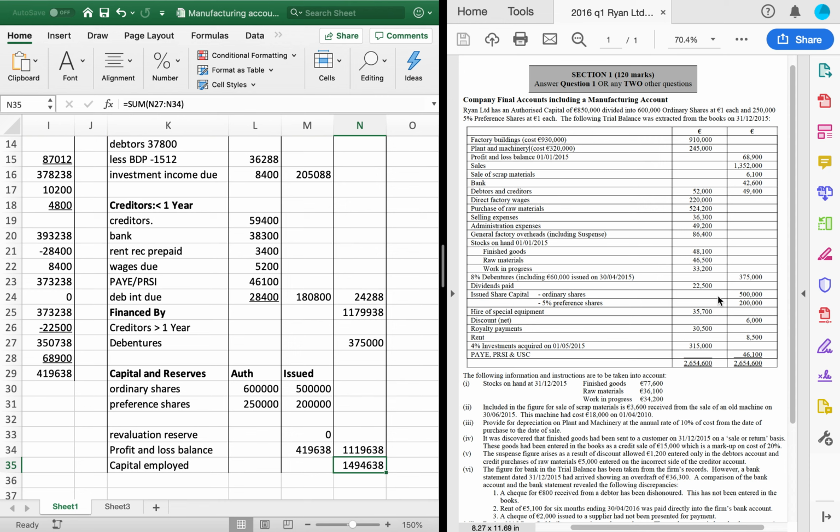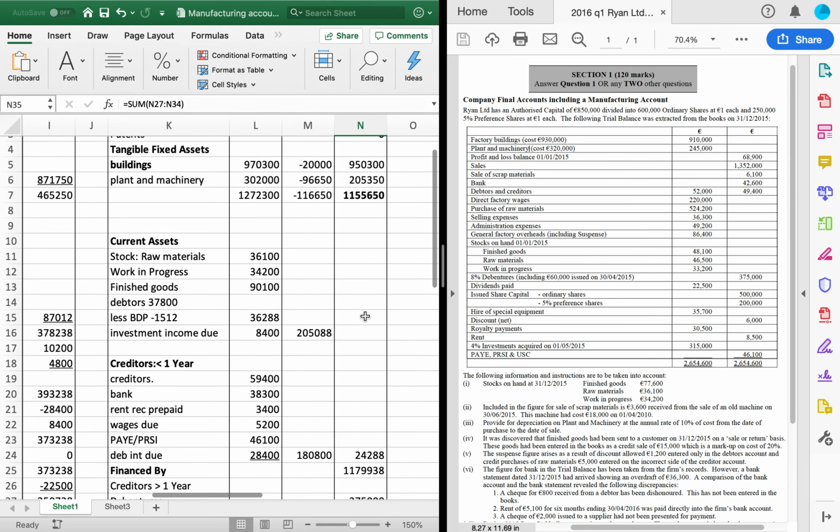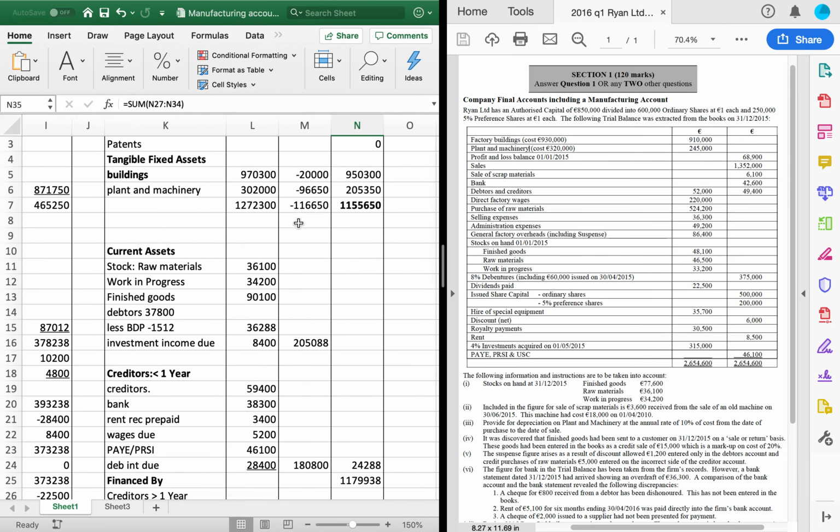So 419, plus 7, that's 1,119,638, plus 375 is 1,494,638. So that part is right. Where have we gone wrong here? Left out investments. Easily done as well. Not that easily done, fairly stupid. I can chalk that down as a mistake.